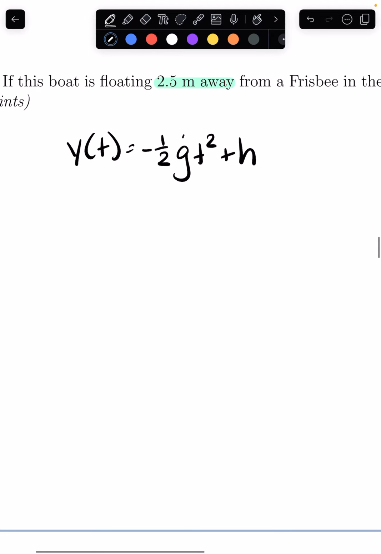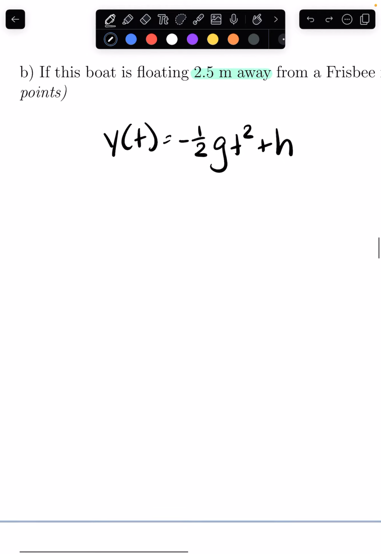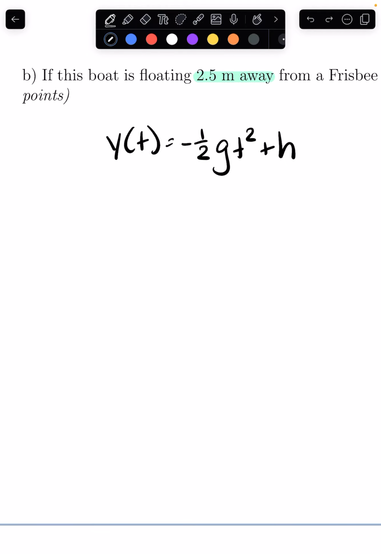I'm getting this because we know that this is our acceleration and our height is the displacement. So when we plug in here, our final y is going to be 0. So we get negative 5t squared plus h, and we're trying to isolate our t.